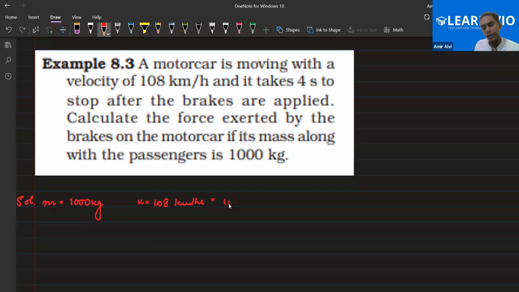So it will be 108 into 5 upon 18 to convert it into meter per second. I will write it as it is because I will cancel it after that. And the final velocity is 0, and the time taken is 4 seconds.